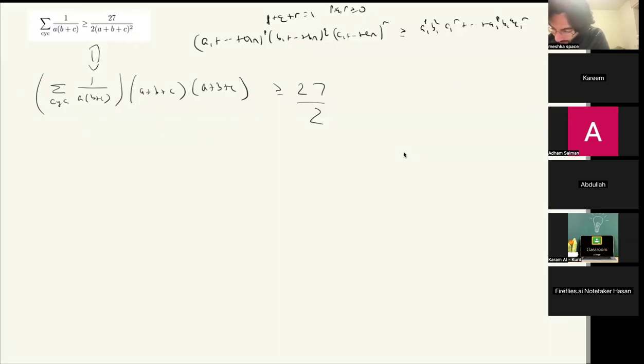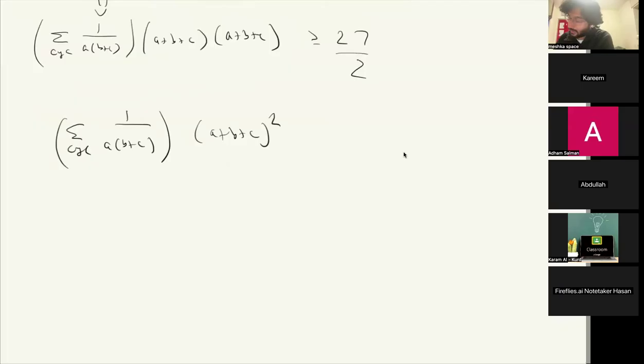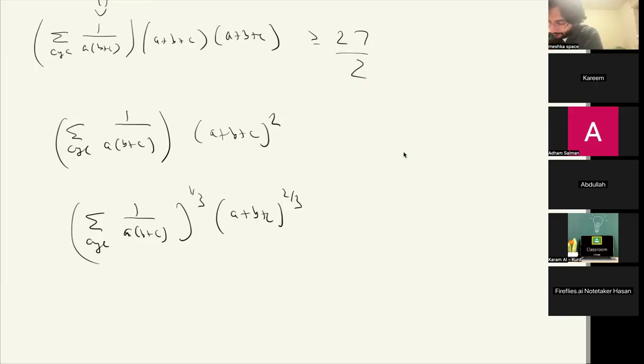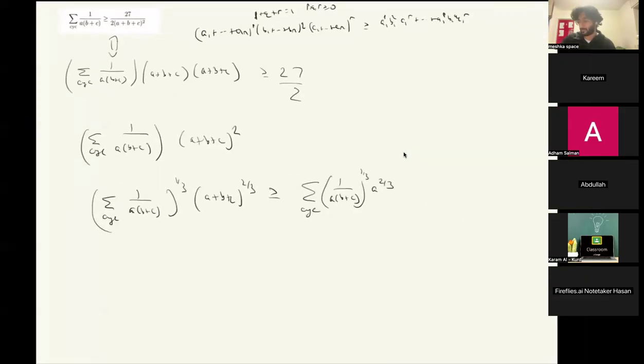If I just keep it as 1 over A times (B plus C) times (A plus B plus C) squared, then it's a little bit unnatural, because the only analysis I can really do with Holder is to say this to the 1/3 times (A plus B plus C) to the 2/3 is greater than or equal to the sum, cyclic, of 1 over A times (B plus C) times A to the 2, times this to the 1/3 times A to the 2/3.